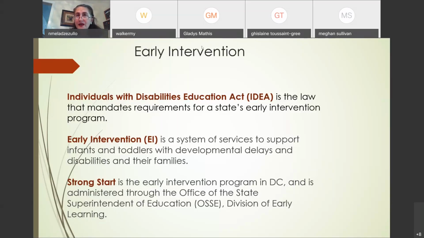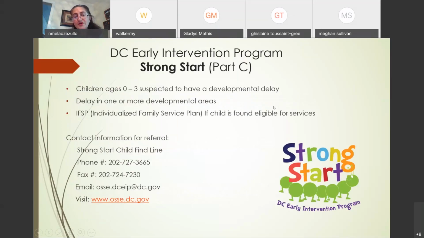And even if you're the mother not affiliated with any center or program, you can initiate it yourself and go to them. I have on the second page information about Strong Start, the contact information. So you can call them or email them or visit their website for additional information, and you will be able to help your child just by yourself.